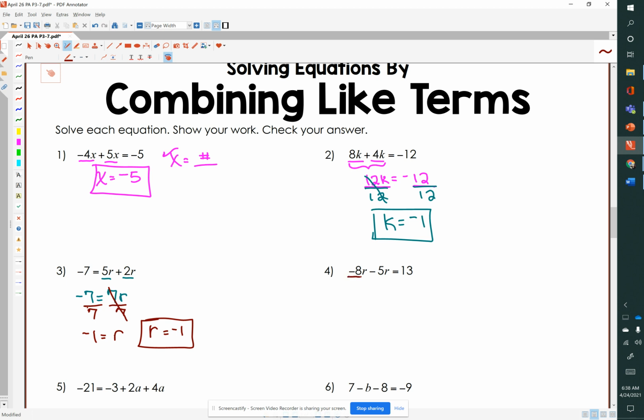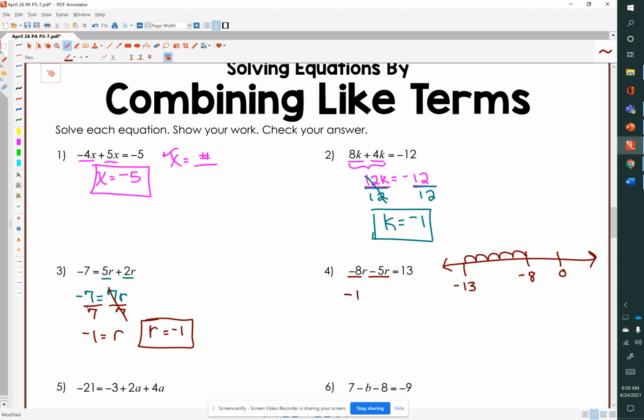Number 4, we have negative 8 minus 5. Remember, if we're looking at a number line and we have 0 and we have negative 8 and we're subtracting 5, we have to go 5 more units to the left, which brings us to negative 13.